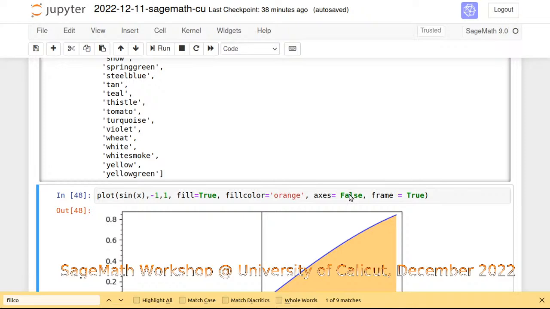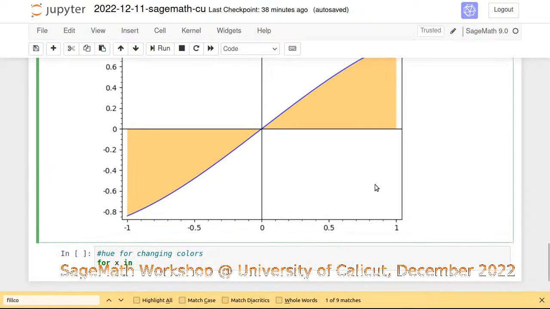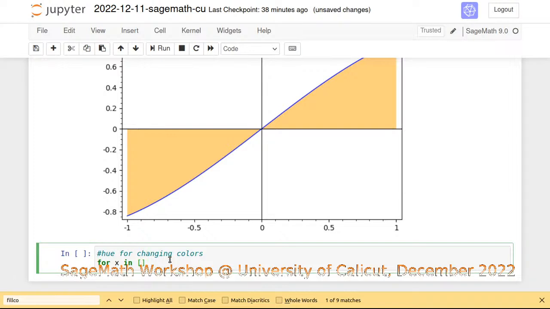Okay. So the next thing I wanted to create: we are trying to see how to fill color programmatically using the hue command. Instead of a circle, we'll try to use rectangles. Rectangle is much better. For x in which range?